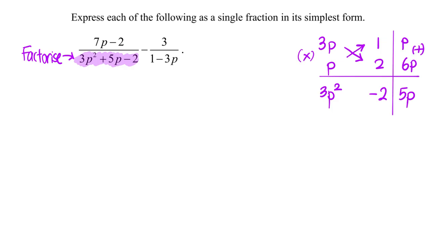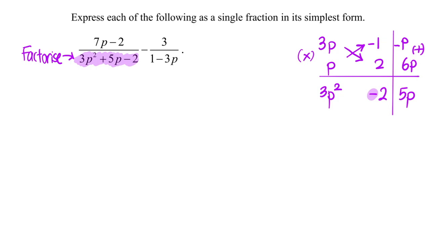And if I were to consider whether the 6p or the 1p is the negative, I must get a positive 5p, yeah? So 6 minus 1 will give me positive 5, and therefore the 1 has to be the negative.